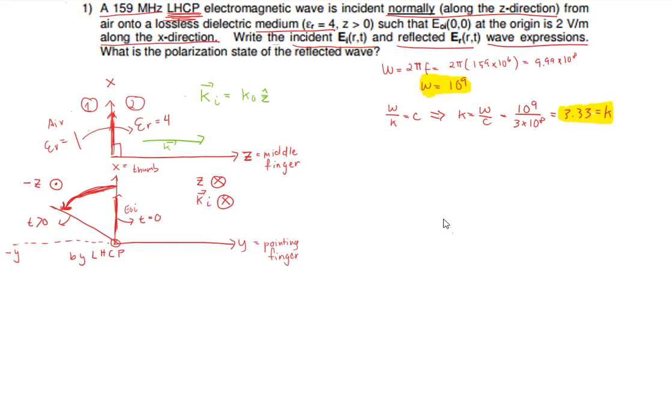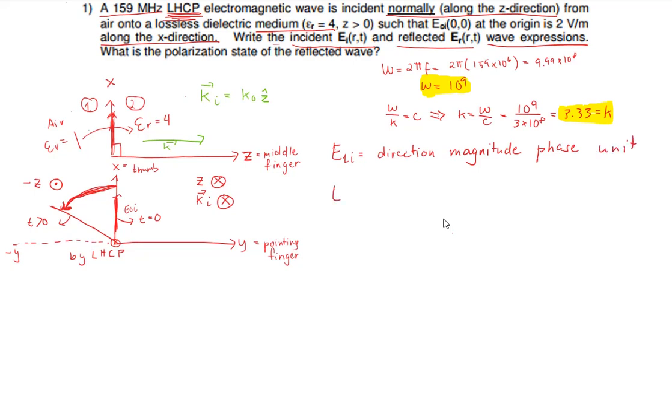Now we can start writing down the components for our E sub I wave expression. We can get started by writing down E sub I. Usually the format is direction, magnitude, phase, and finally unit.